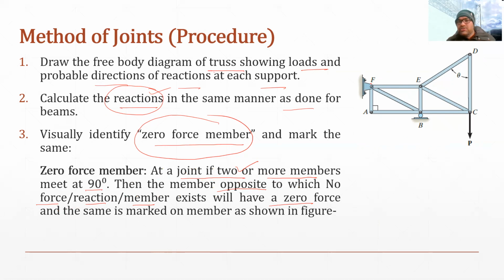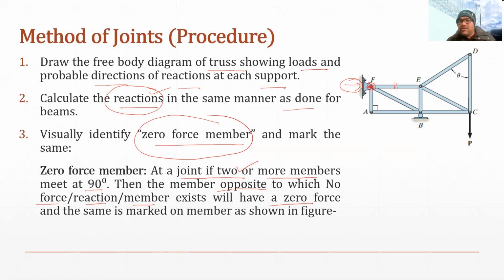If we take joint F, you can see opposite to this member FE, on the left hand side, there is a support, and the support will offer a reaction. So opposite to member FE there is a reactive force, which means member FE cannot be a zero force member. Similarly, member FB cannot be a zero force member because it is also attached with the support, which is offering the reaction.